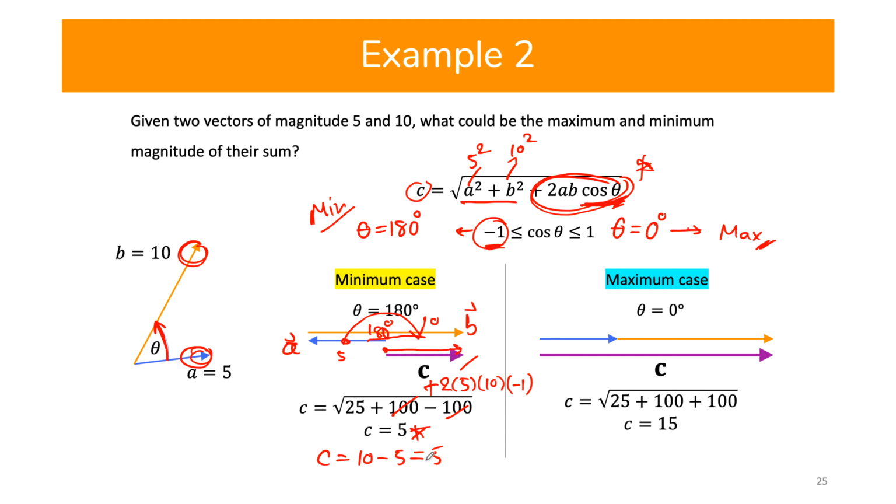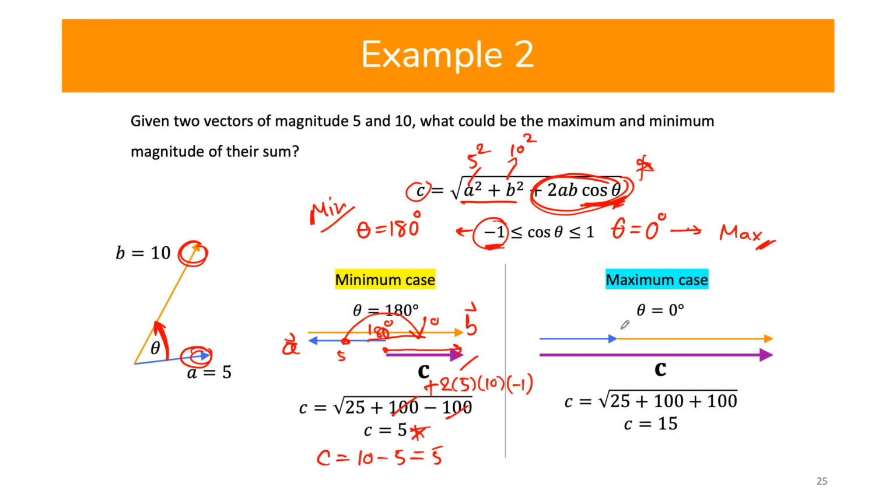On the maximum case side, you have theta equal to 0 degrees. What is happening is that this angle, if you draw from A to B, is closing. So you're bringing the head of B closer to the head of A. So essentially, you don't have any angle at all.